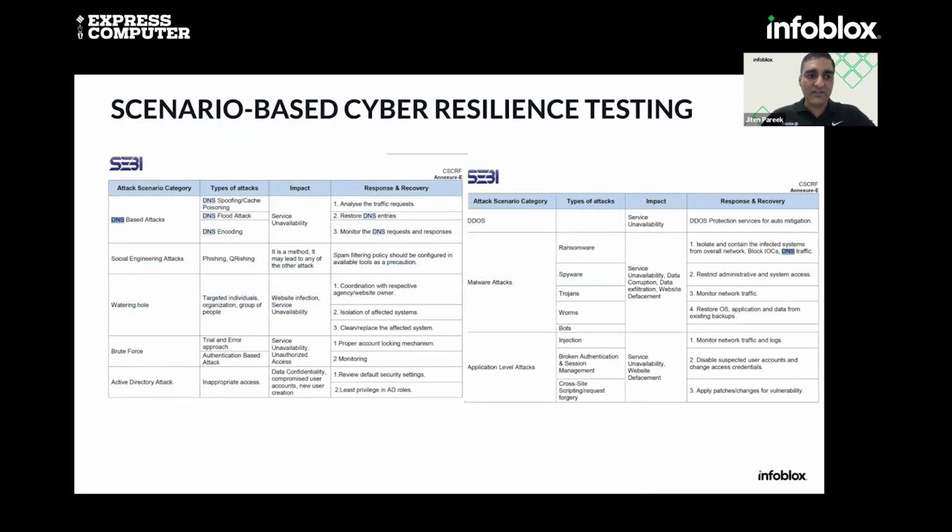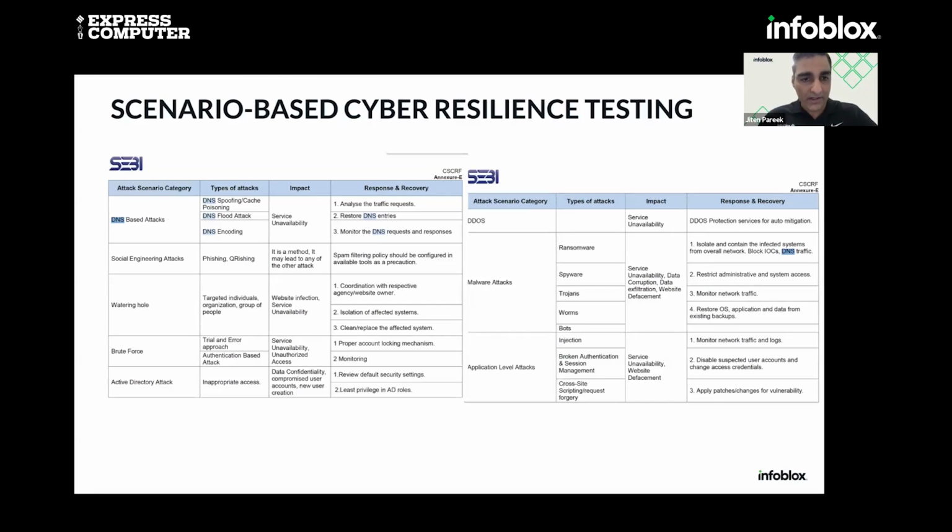In scenario-based testing, there are various kinds of attacks, like DNS spoofing, flood, and encoding attacks, and how, with service unavailability, we can quickly restore the DNS. Monitor the DNS requests and responses, which means monitoring what kind of traffic is originating from the DNS, or the responses coming back from the DNS.